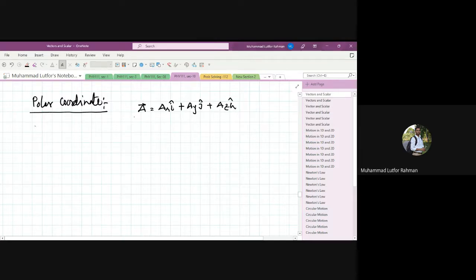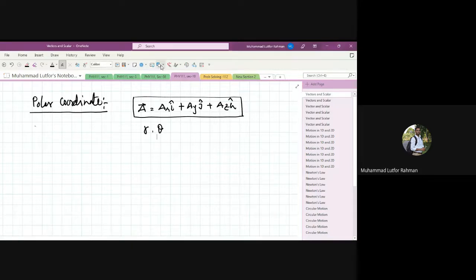That is the convention in the Cartesian coordinate system, where i, j, k are the unit vectors, and ax, ay and az are the projections or components of the vector in the x, y and z directions. Now, if you want to express a vector in the polar coordinate, we have to understand the polar variables. And we know that the polar variables are basically r and theta, right?